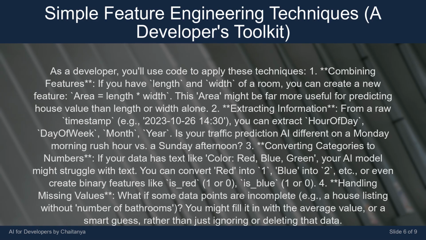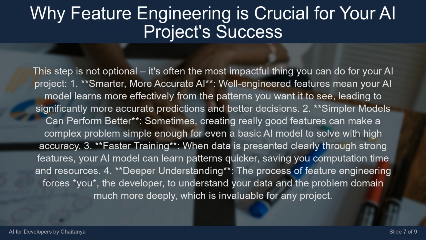Handling missing values. What if some data points are incomplete? E.g., a house listing without number of bathrooms. You might fill it in with the average value, or a smart guess, rather than just ignoring or deleting that data.